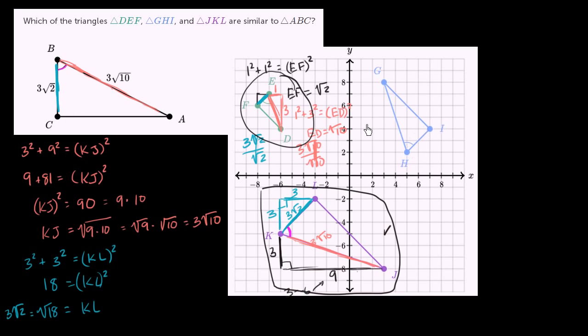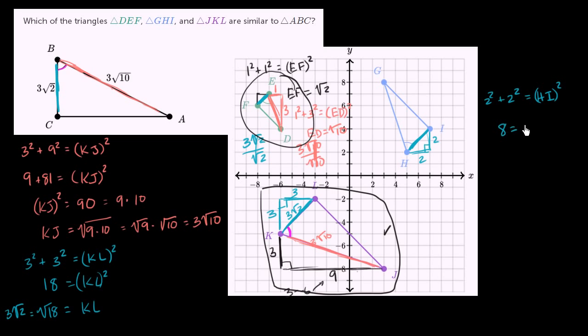So we have one more to think about. HI is a candidate to be corresponding to BC. What's its length? Well, this is a right triangle that's width 2, height 2. So we could write 2 squared plus 2 squared is equal to the length of HI squared. This is 4, this is 4.